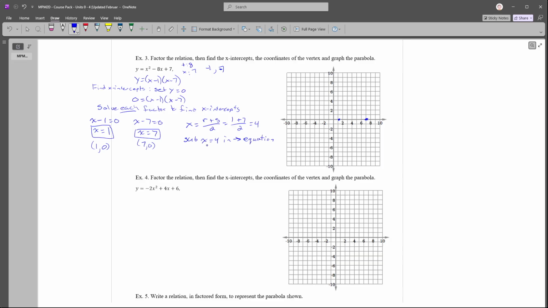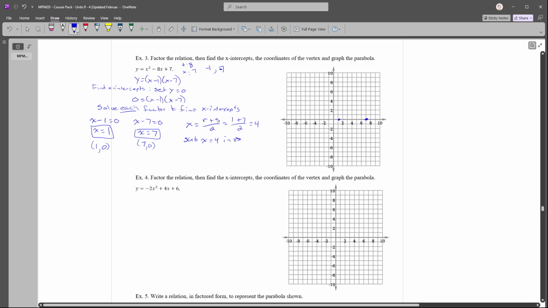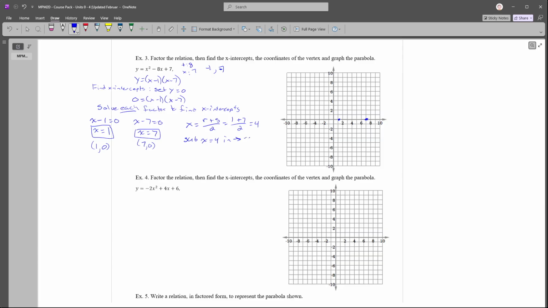All right. No, it's not. We're still doing the relation. I apologize for that. We're not at the equation portion yet. We'll get to that on the next lesson. Go back. There we go. Stop clicking. My computer's lagging on me. All right. Sub x equals 4 into the relation.